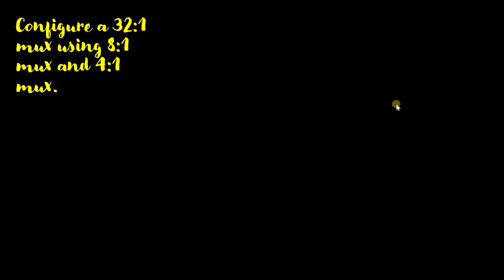I have another question wherein they have asked you to configure a 32:1 mux using 8:1 mux and 4:1 mux. 5 select lines are required because 2 to the power 5 gives you 32, okay?